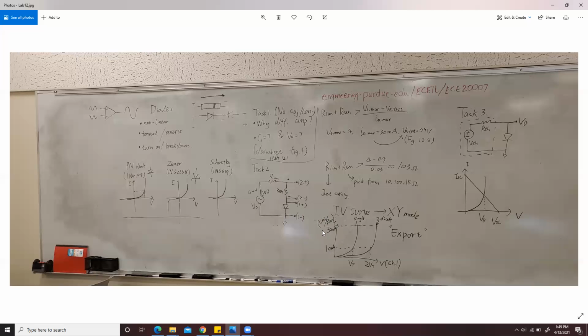All right, after you get these two plots, you will export the data to Excel. Then you can either use Excel directly to plot the IV curve, or you can use MATLAB to plot the IV curve through the Excel. It depends on you.